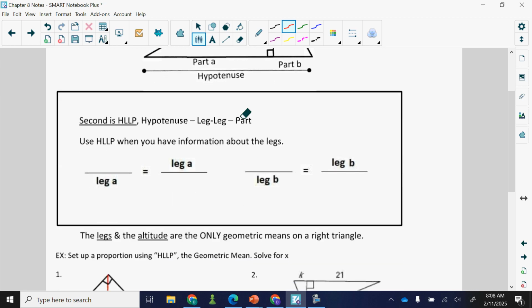So for HLLP, we could say that the hypotenuse over leg A equals leg A over part A. So as you could guess over here, we could say the hypotenuse over leg B equals leg B over part B.